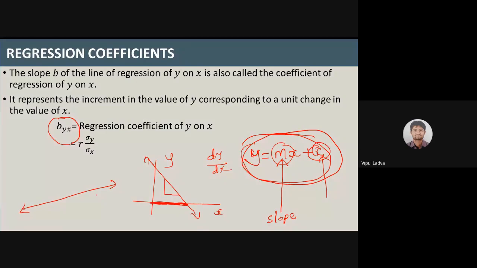If we are discussing a line, then surely that line will have a slope, and that slope will be the regression coefficient. What I am writing, bx, is what I wrote in the previous step. Both are the regression coefficients as well as the slopes of those lines. So how to identify that slope? What is its formula? I am going to show that to you now.